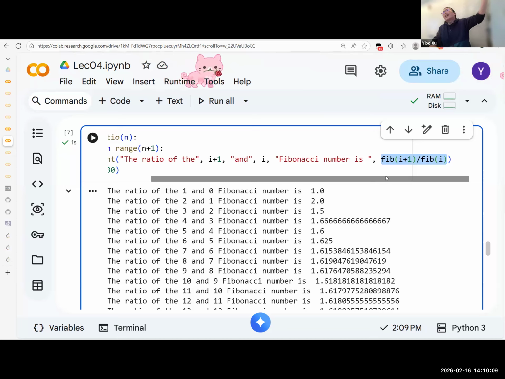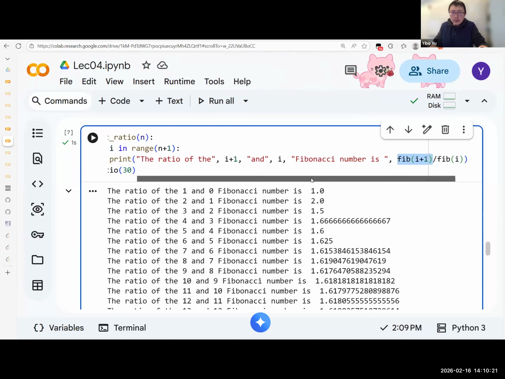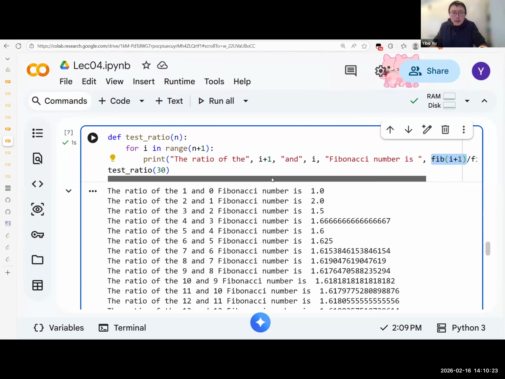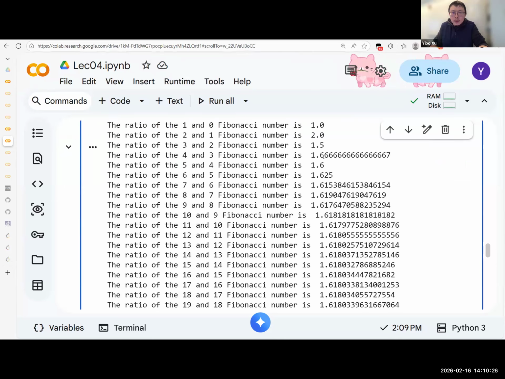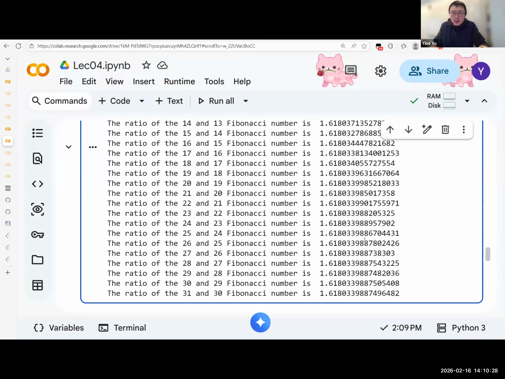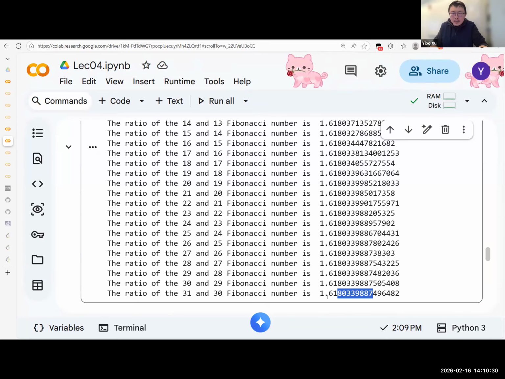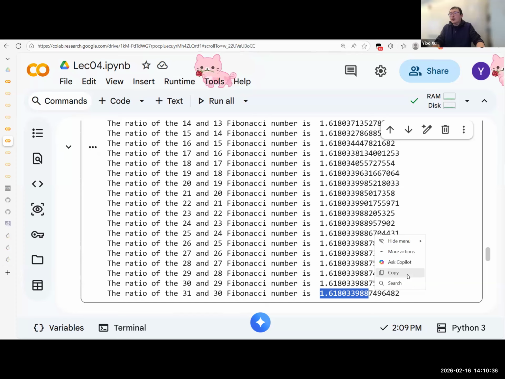So basically, I'm using the next Fibonacci term to divide by the current. So remember, i starts from 0, so you would have to make this input legal. Okay, so that's what's natural. Now, if you look at the ratio, it's going to get closer and closer and really stabilize at this number here. So that's what's called the golden ratio.